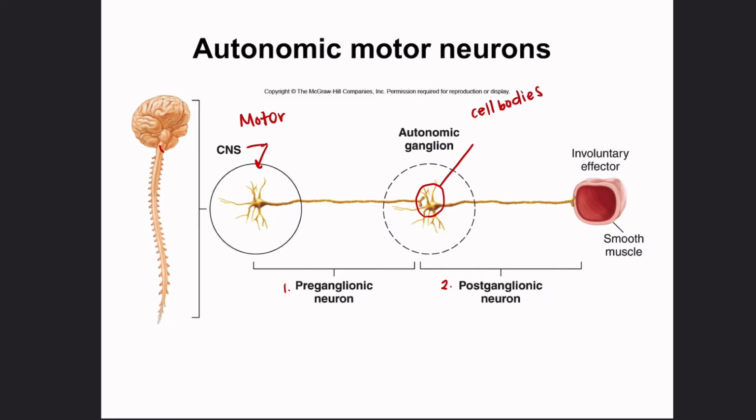So it's really like gray matter and white matter, and ganglia is peripheral nervous system specific. And then our postganglionic neuron is going to innervate an effector, and here it's going to be a voluntary effector. So this is showing you an example of smooth muscle. Could also be some sort of gland, for example.